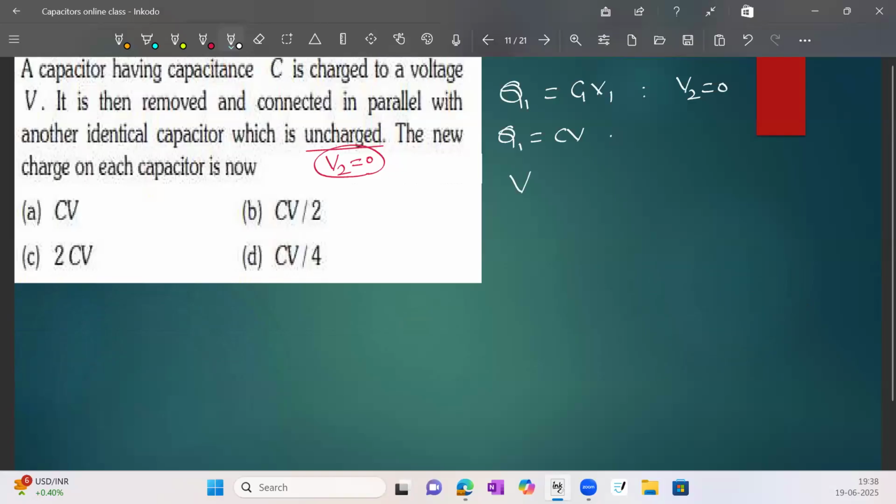So the common potential equals C1 into V1 by C1 plus C2. Why? Because here V2 equals 0. It is connected in parallel with another identical capacitor, so it becomes 2C, and the potential becomes V by 2. And the new charge they ask, how much here?